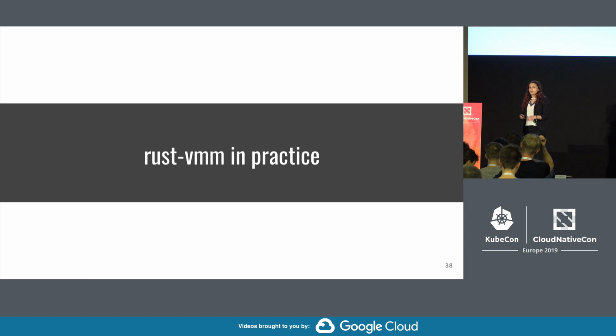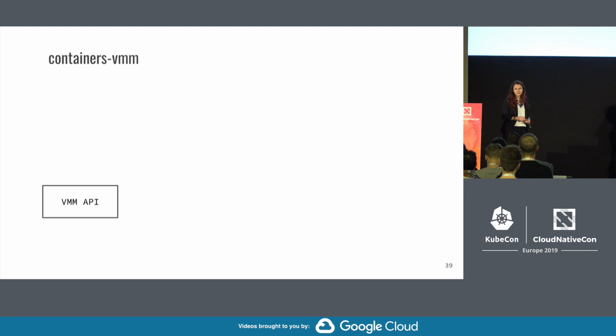So now let's take an example of how Rust-VMM is going to actually work in practice. Because most of the crates are still in development, we are going to take a paper example. First, we start with our VMM API, which is basically the bridge between the VMM, the virtual machine, and the client that is going to use it.